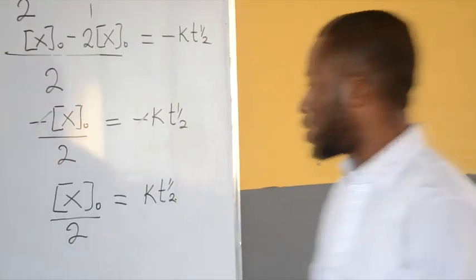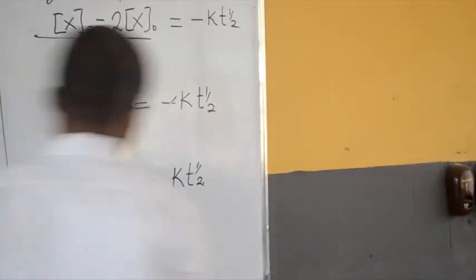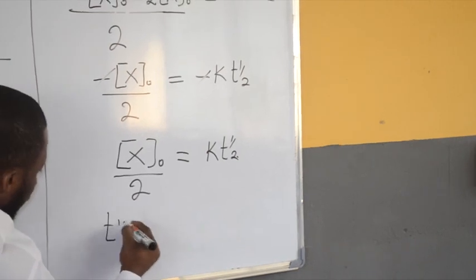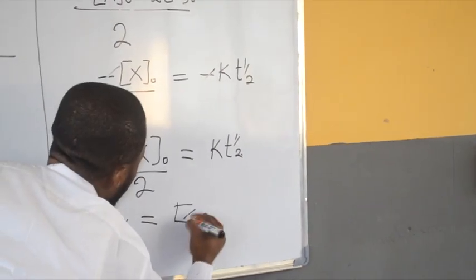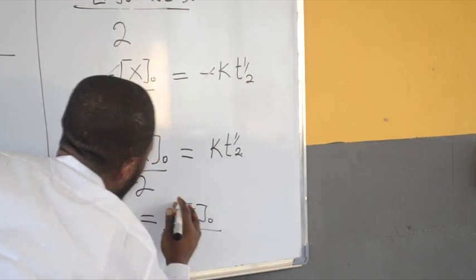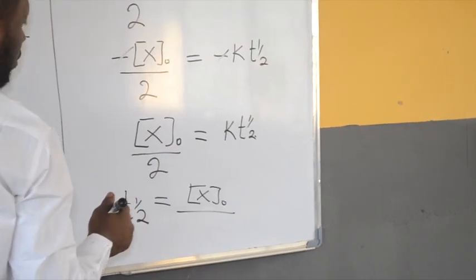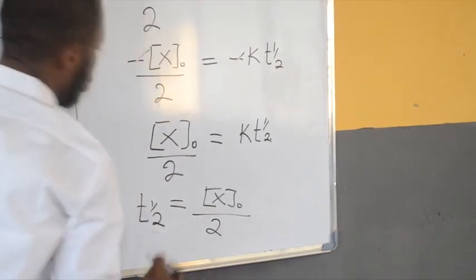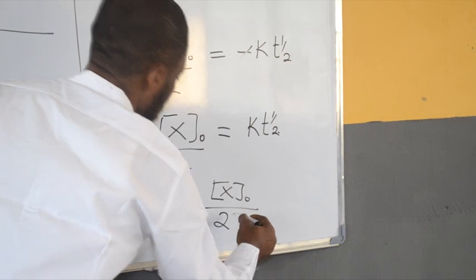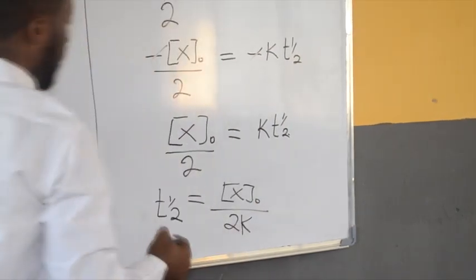I'll therefore have that t half will be equal to x naught over 2k.